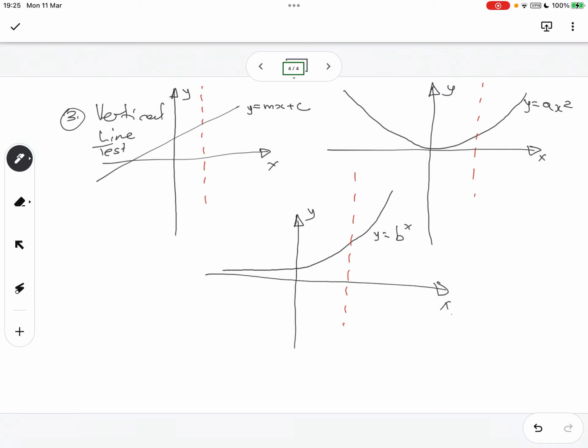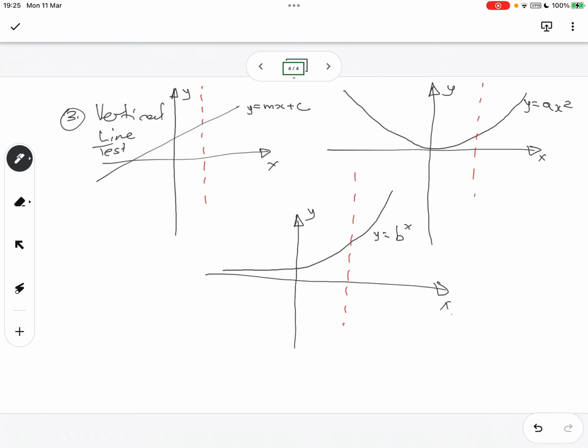A function must pass the vertical line test. In other words, if you see this dotted line that runs through the x-axis and the curve, you can slide it to the left of the x-axis or to the right. That line must cut the function, the curve, or the straight line once and only once.